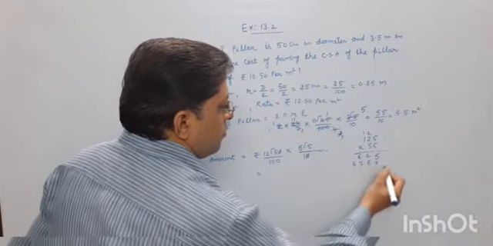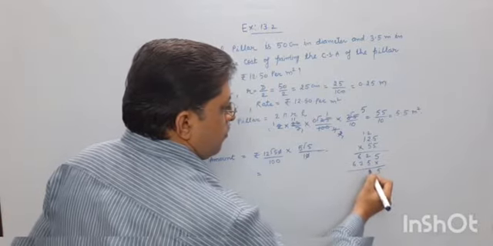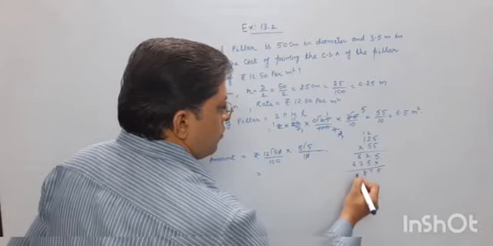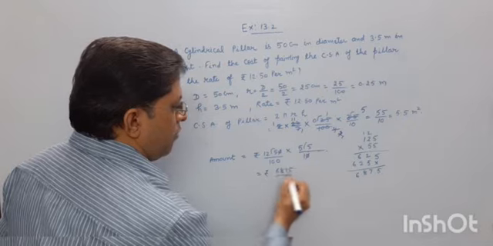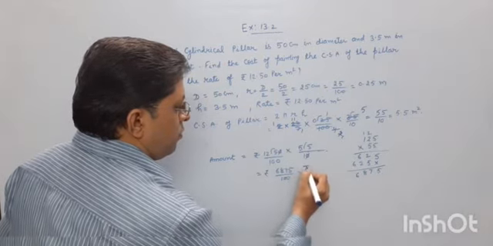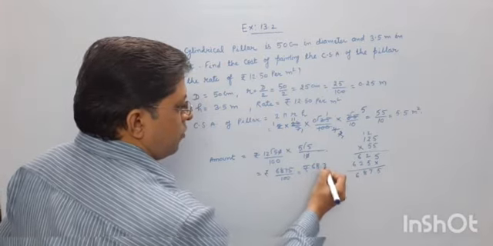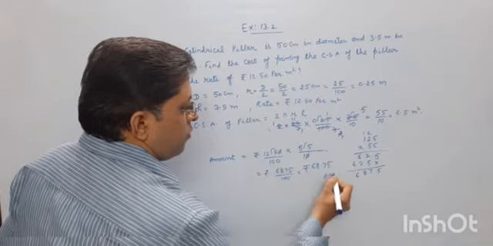So this 5, 7, 8, 6. 6875 divided by 100. This will be 68.75. This is your answer.